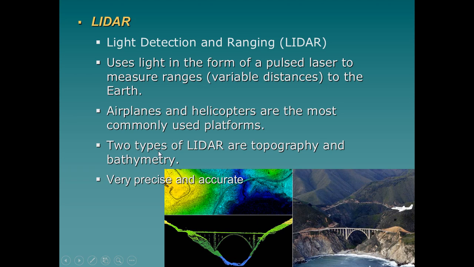You have two types of LiDAR information that you can get. It can be used to derive topography, meaning landscape above water, or bathymetry, which is landscape below sea level. For oceanography and those types of studies, they might use bathymetry. LiDAR is usually considered to be very precise and accurate.